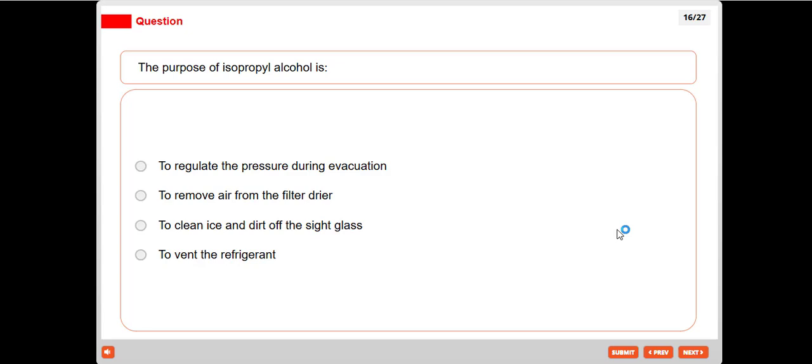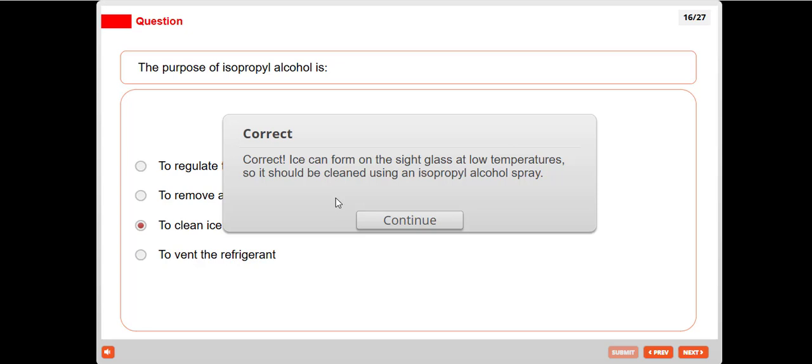Okay, I don't know this one. We need to correct. Ice can form on the sight glass at low temperature, so it should be cleaned using isopropyl alcohol spray.